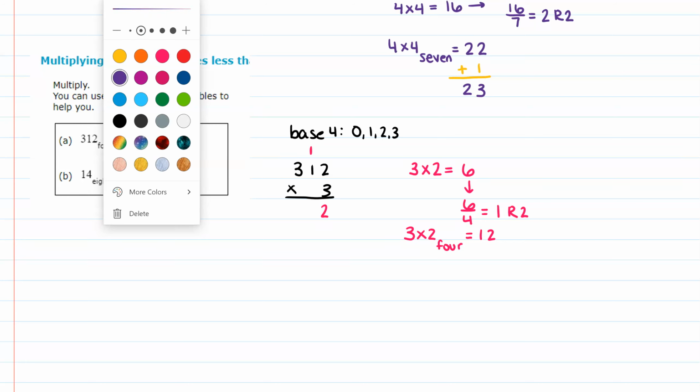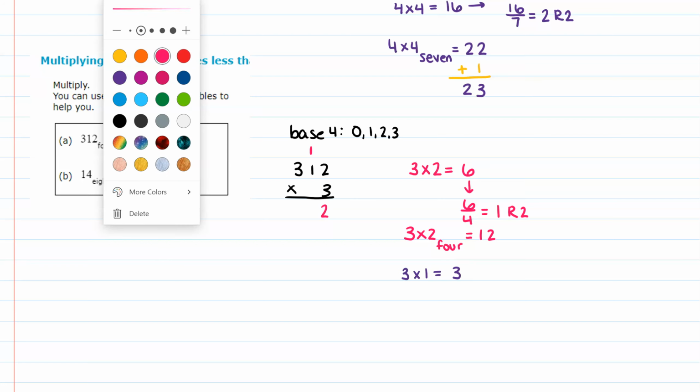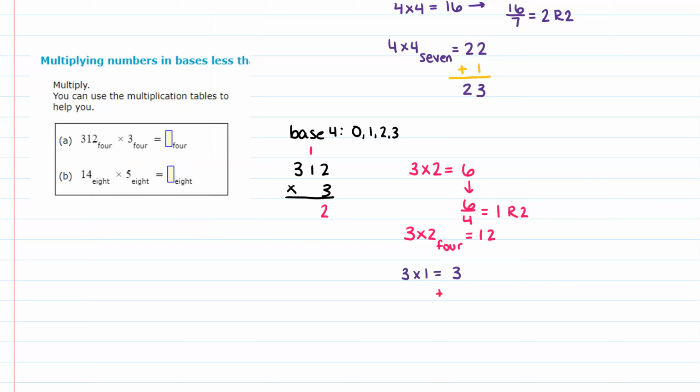Now we're going to do the next set of multiplication. So I need to do 3 times 1, that makes 3. Now 3 is an allowed digit, so I'm good so far. But then I had that plus 1, and when I do that math, that makes 4. Ooh, but 4 is not an allowed digit.